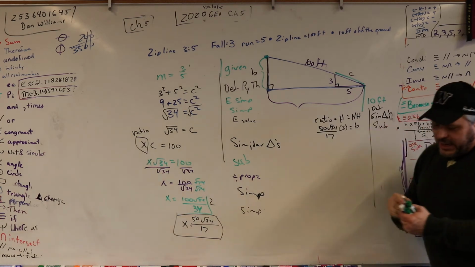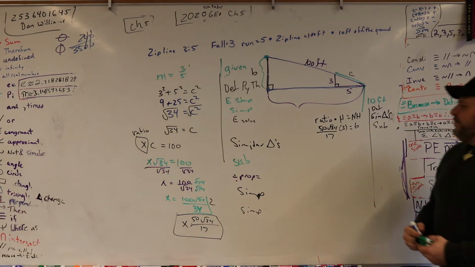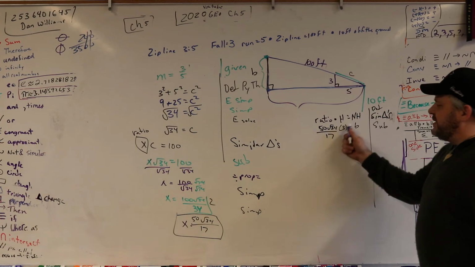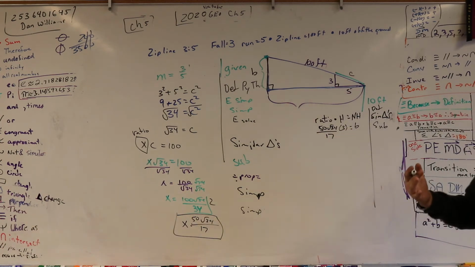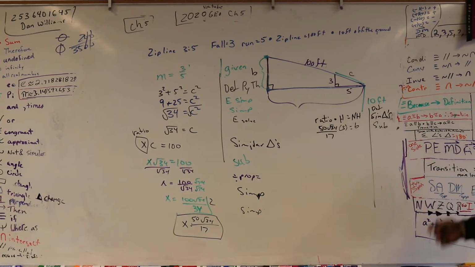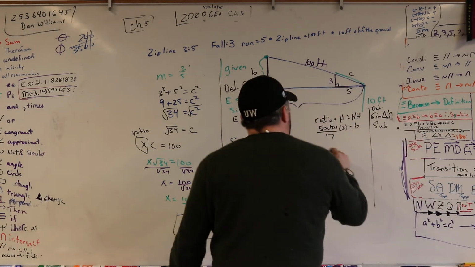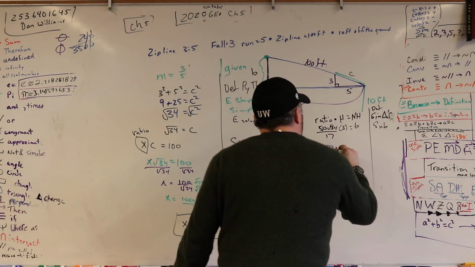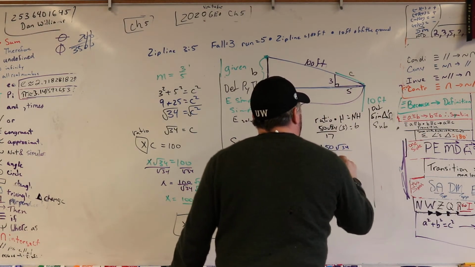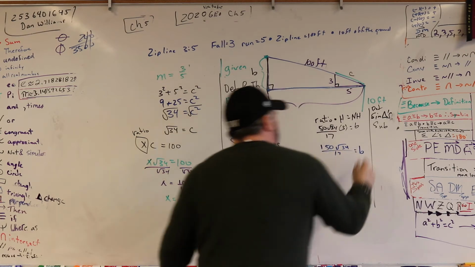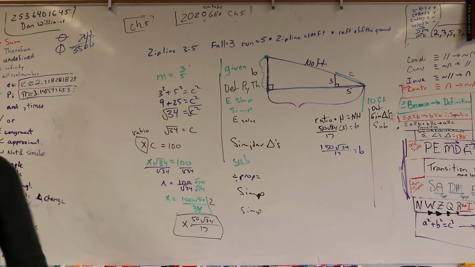Substitution. Okay? Now what? Well, what's 3 times 50? Because 3 doesn't go into 17. They're both prime, right? So 3 50s, that's 150, isn't it? So 150 square root 34 over 17 equals B. That is your height.